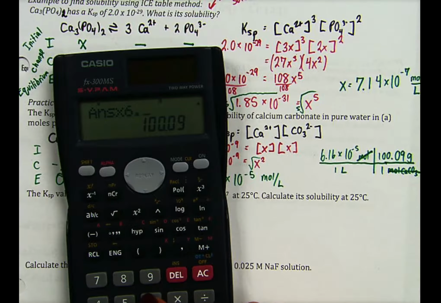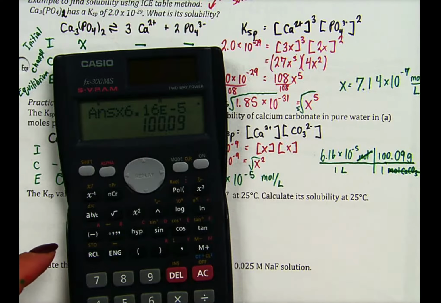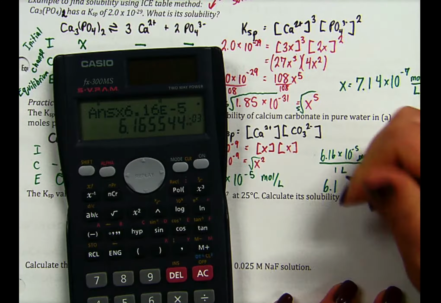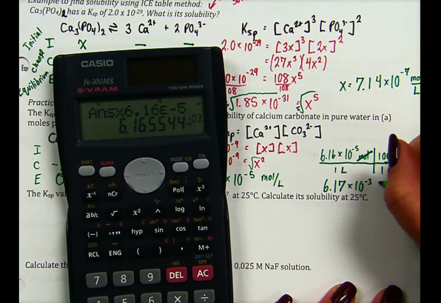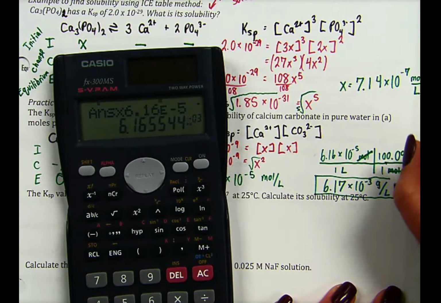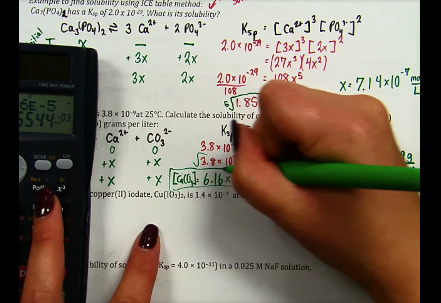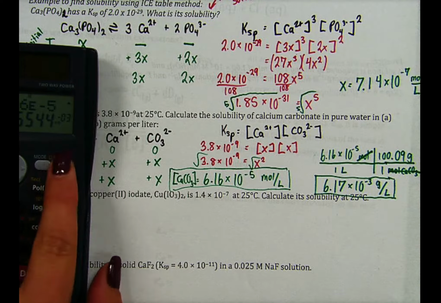We multiply it, and we get 6.165, so I'm going to say 6.17 times 10 to the negative 3 grams per liter. So there is our solubility of calcium carbonate in moles per liter and grams per liter.